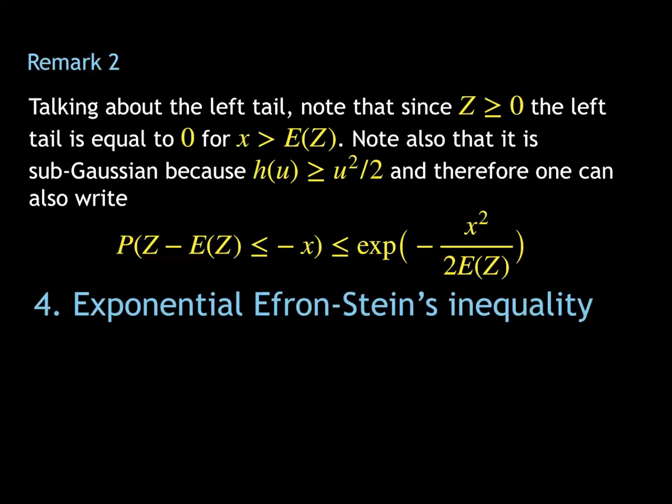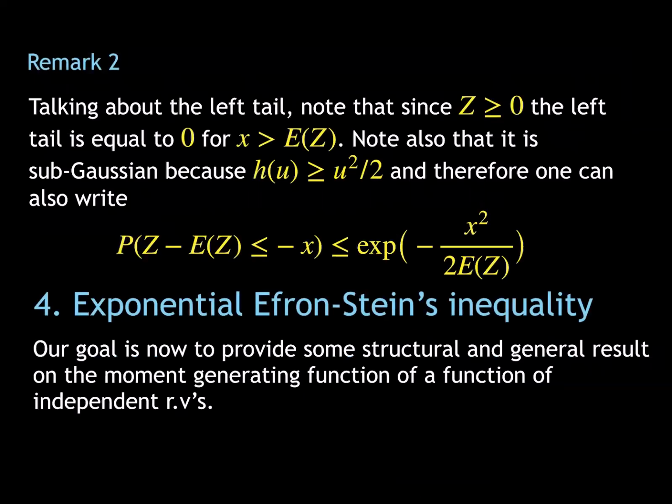The second remark is that, as you have seen, the inequalities on the upper tail and on the lower tail are not symmetric because you are looking at the strange function h, which is not symmetric. So this means in particular that the lower tail is sub-Gaussian.